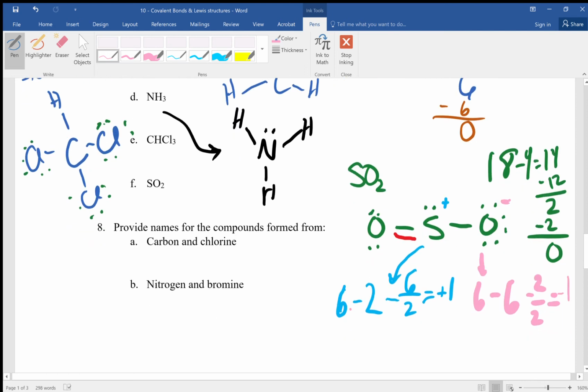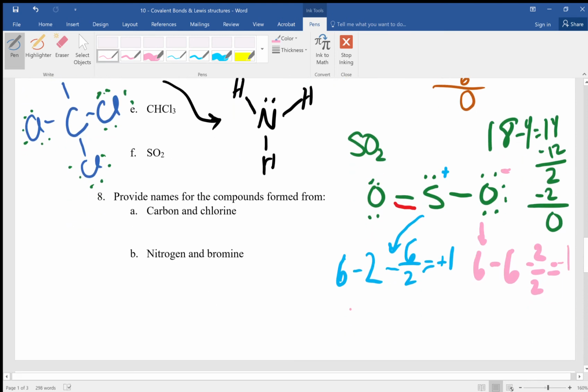Now, in theory, if you left off at this point and gave that as an answer, that would be okay. However, we always want to reduce charges as much as we can within a molecule.